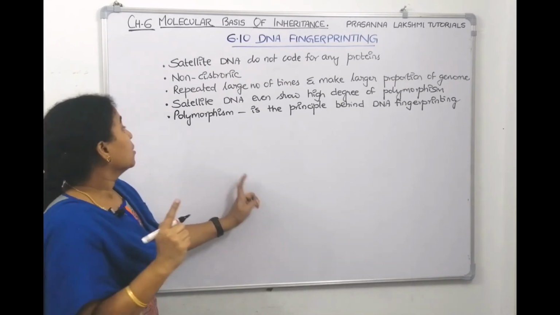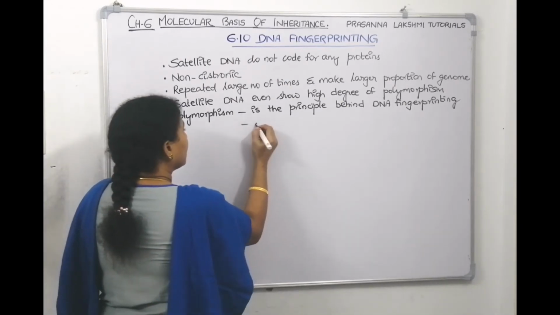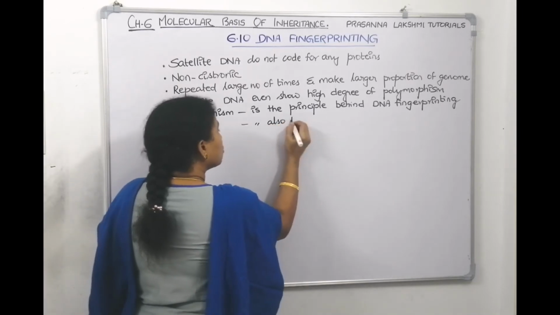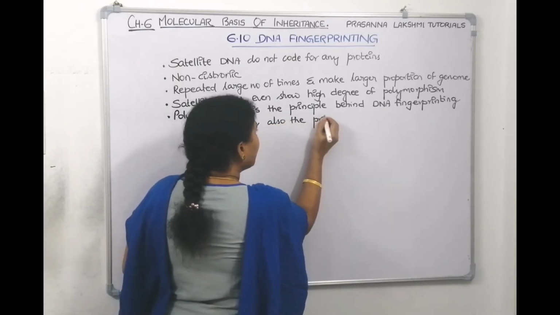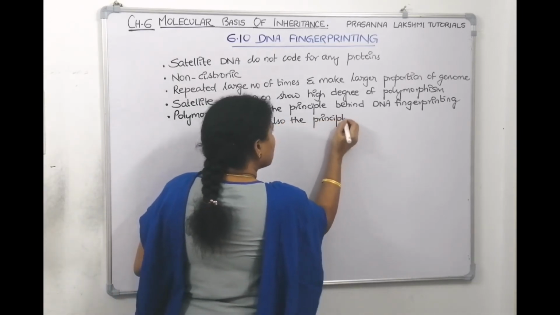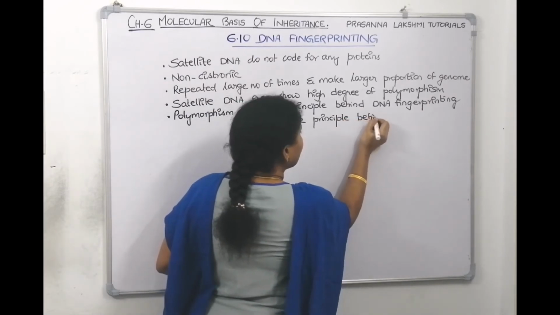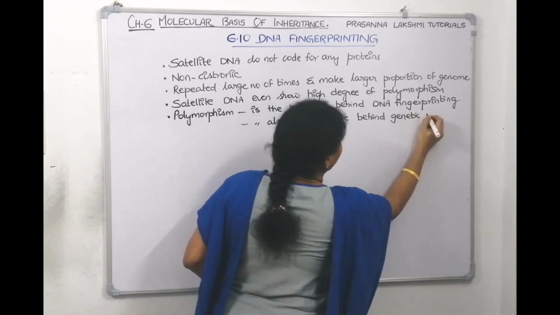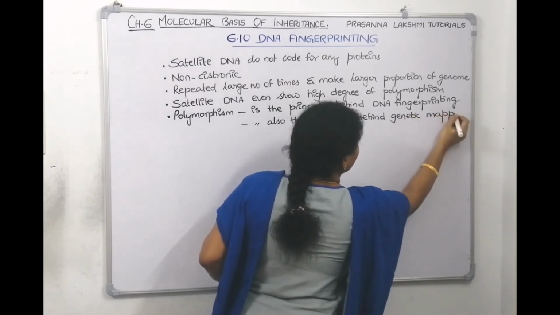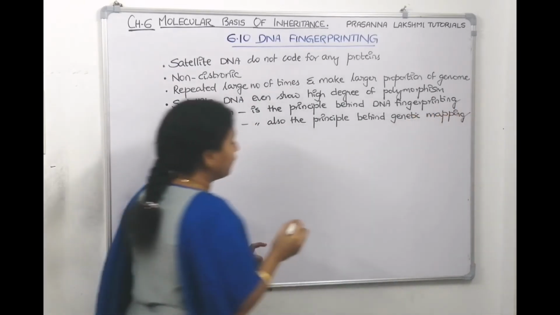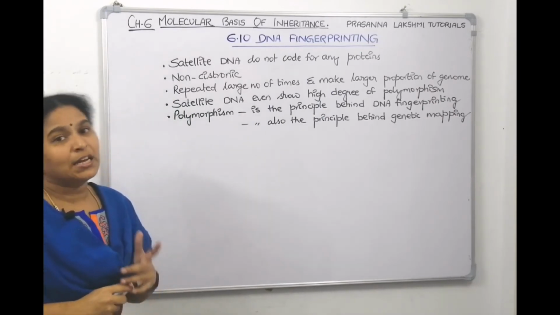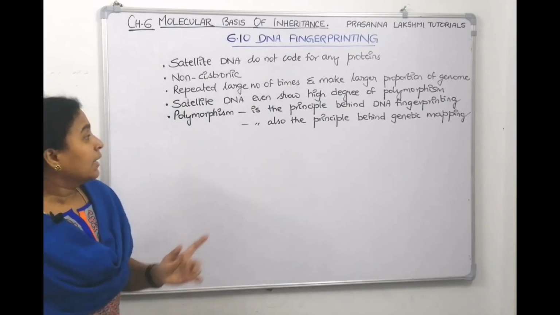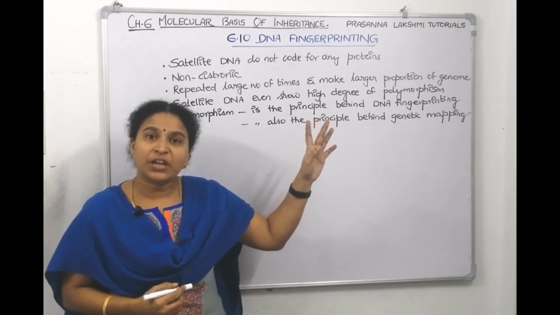Do you remember? So polymorphism is also the principle behind genetic mapping. If you understand polymorphism, it will help us do DNA fingerprinting and also identify genetic mapping.